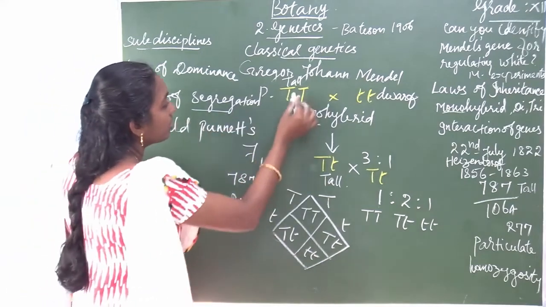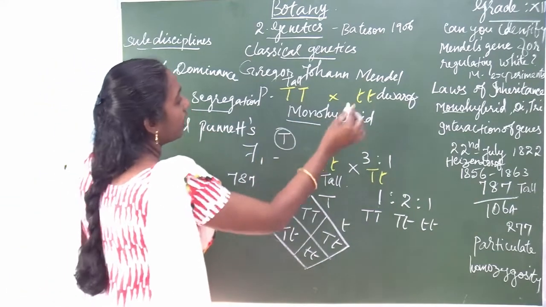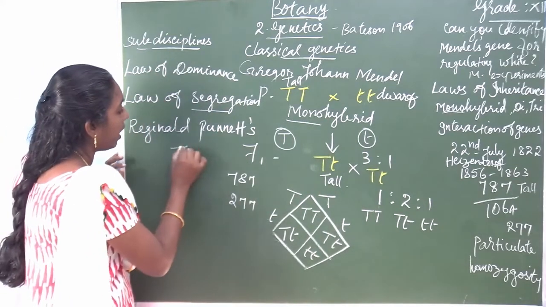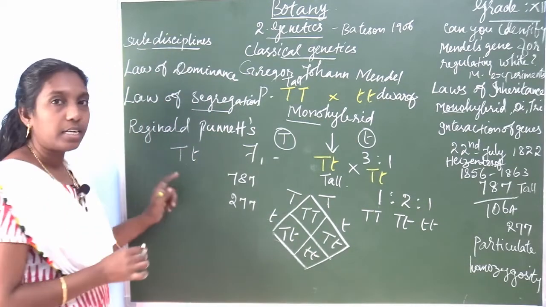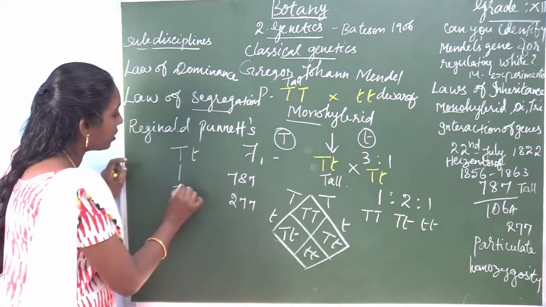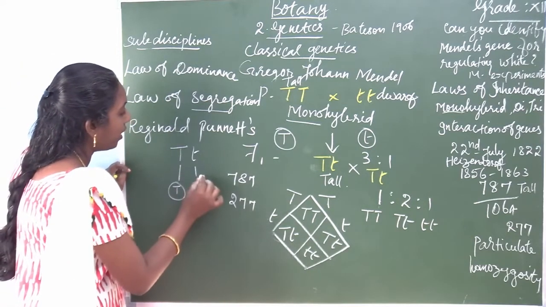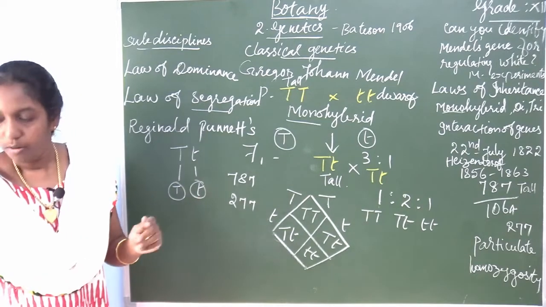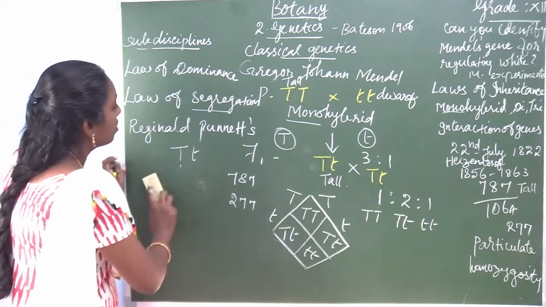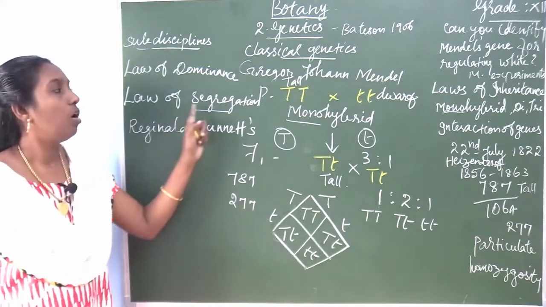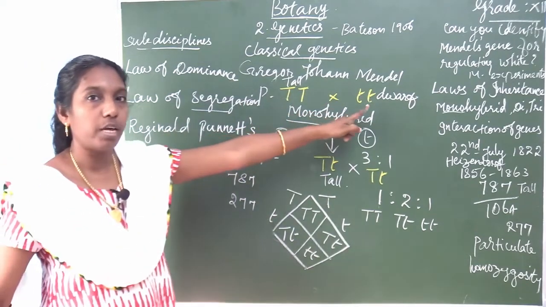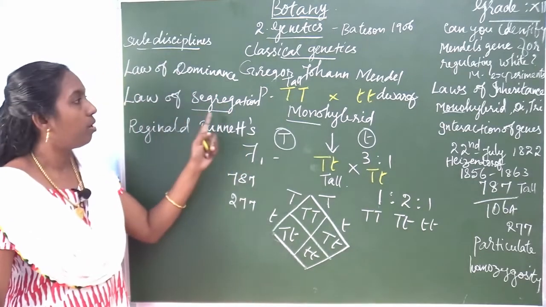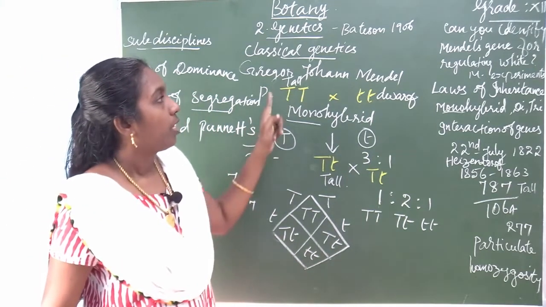Among these pair, this T, gamete, here small t. But if it is in heterozygous condition, capital T and small t, at the time of gamete formation, it produces capital T and small t. So, segregation of gametes, that is the law of segregation. So, based on this monohybrid cross, two laws are explained, law of dominance and law of segregation.